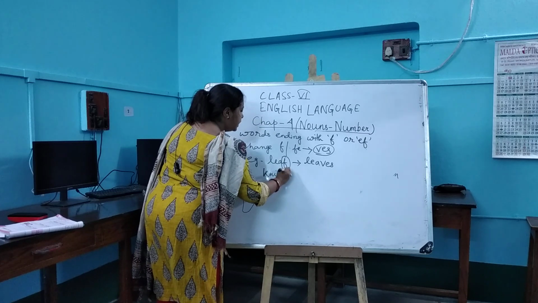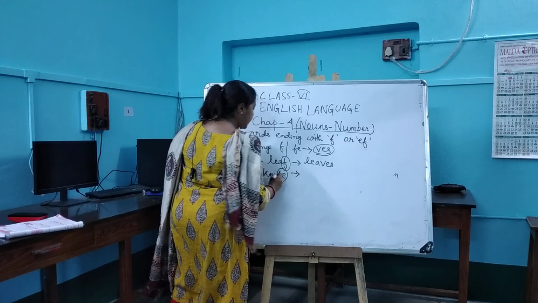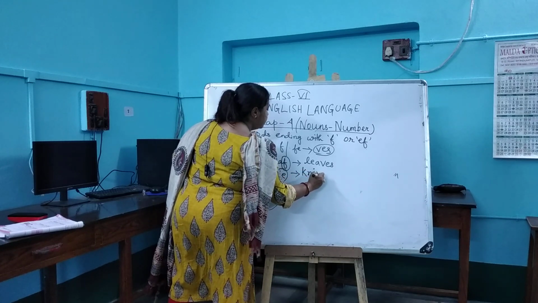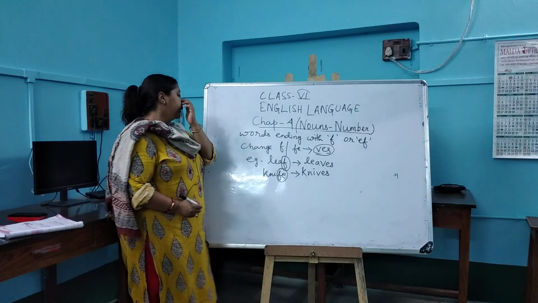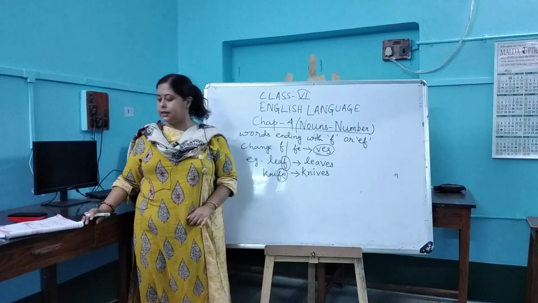K-N-I-F-E. See, the last two letters are f-e. The f changes to v and we add es. K-N-I-V-E-S, knives.